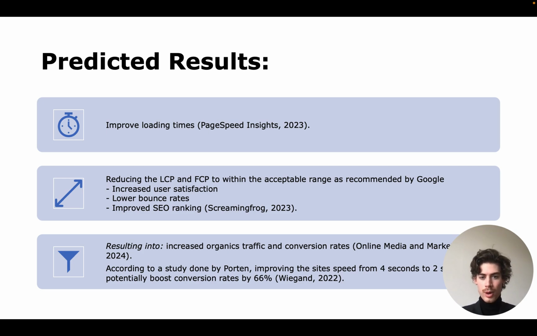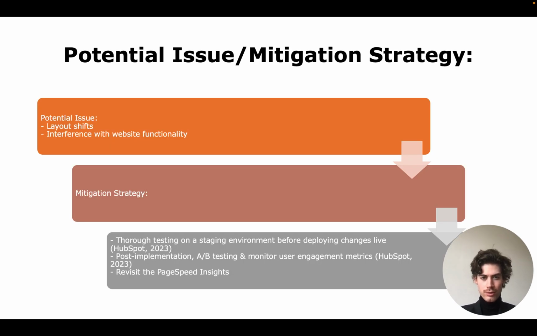According to a study done by Porter, improving the site speed from only 4 to 2 seconds could potentially boost conversion rates by 66%. A potential issue of this recommendation is that implementing these changes could cause layout shift or interfere with the functionality of the website if not done correctly.